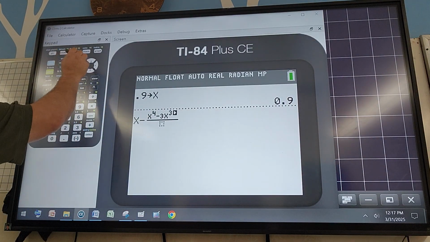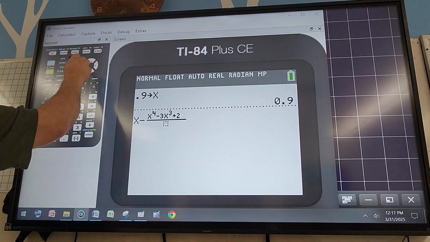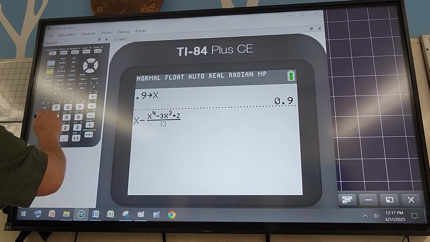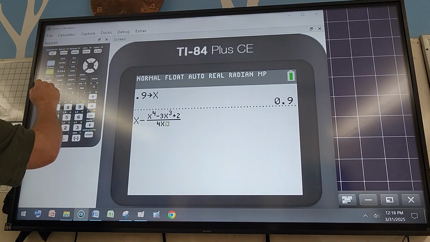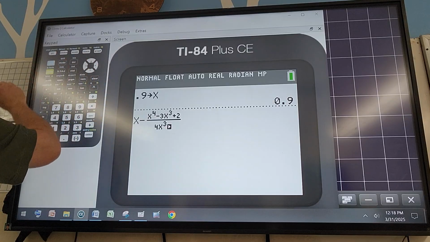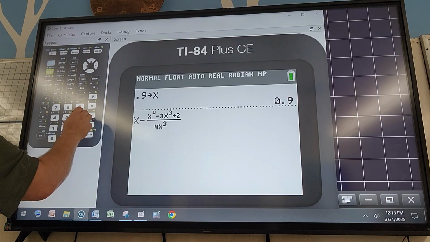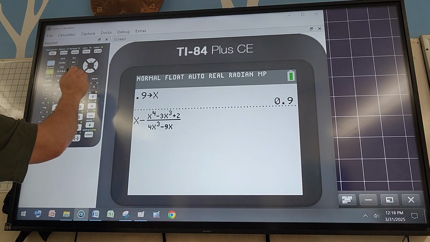Then of course 4x cubed minus 9x squared.